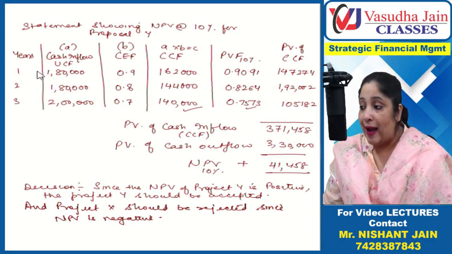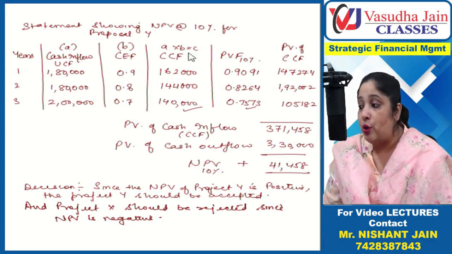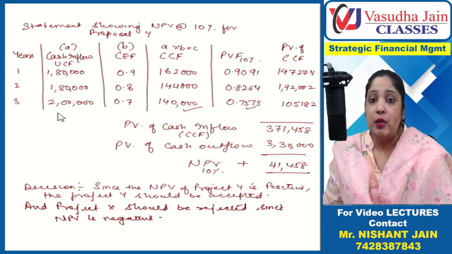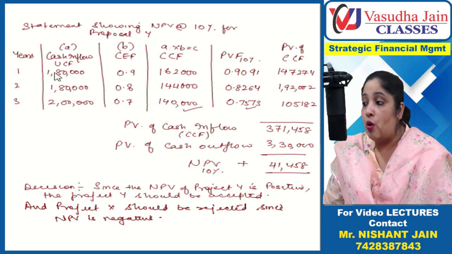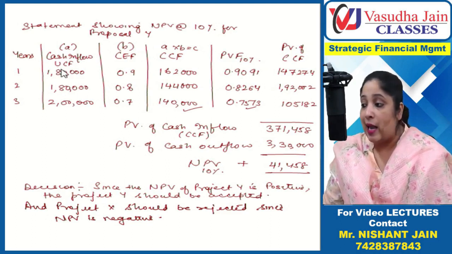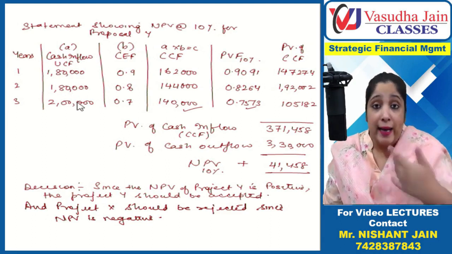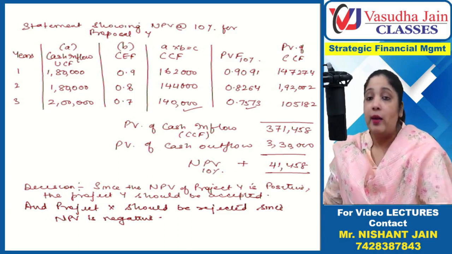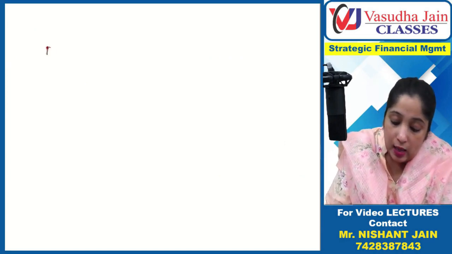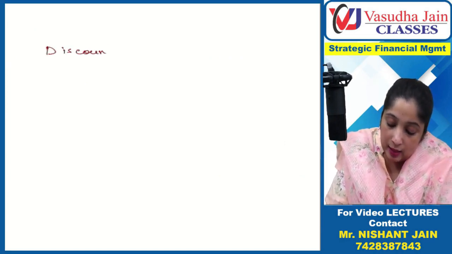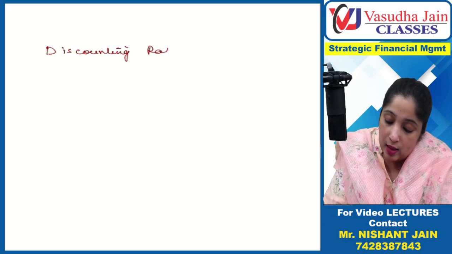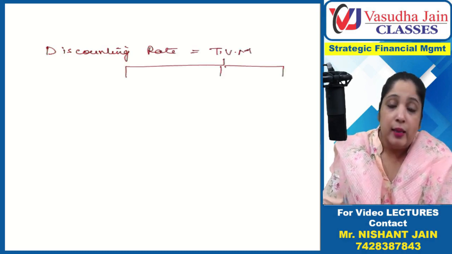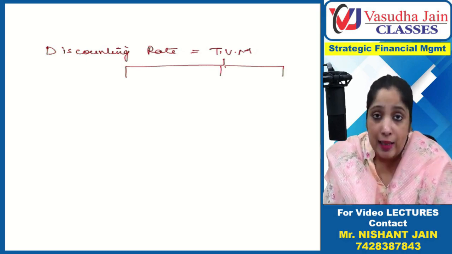Now, if you want to evaluate these cash inflows, you should not use 10% rate of return because this is risk free. And these cash inflows include risk. So, definitely these cash inflows should be evaluated with higher discounting rate. Because what is discounting rate? Discounting rate is basically time value of money, the rate at which the money is increasing.